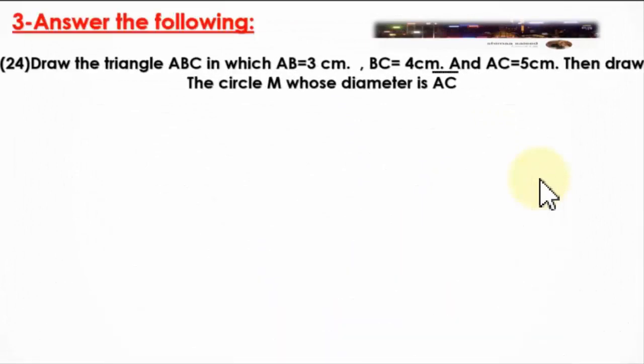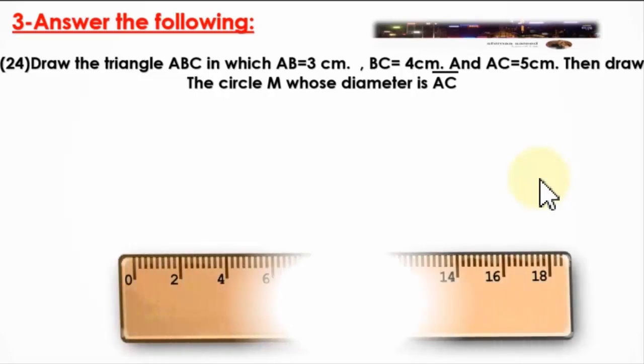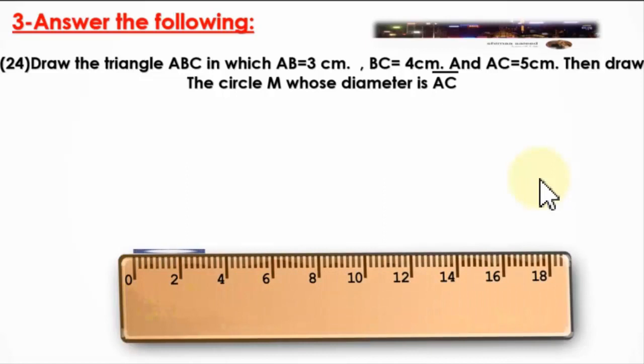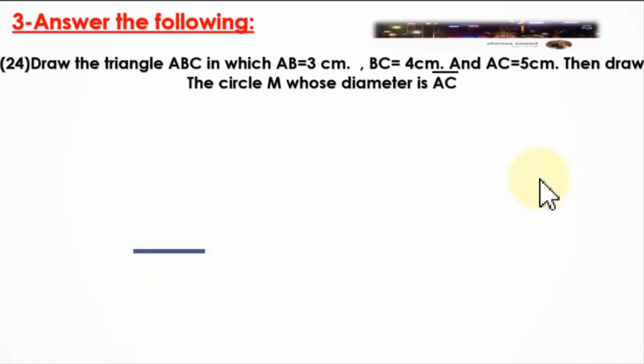Now draw the triangle ABC in which AB equals 3 cm, BC equals 4 cm, and AC equals 5 cm. Then draw the circle M whose diameter is AC. We will use our ruler at first, then draw AB equals 3 cm.